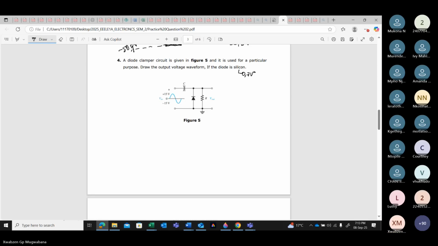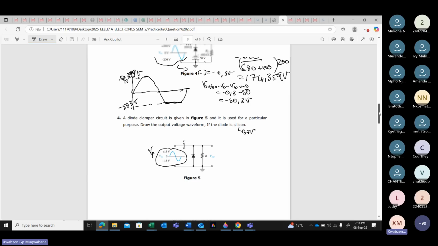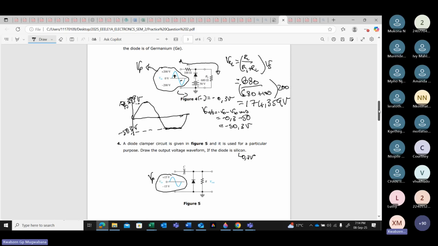Now, here, this one is given as VP. Now, what differs from this one here, which is your limiter, is that in series with the supply here is a resistor.